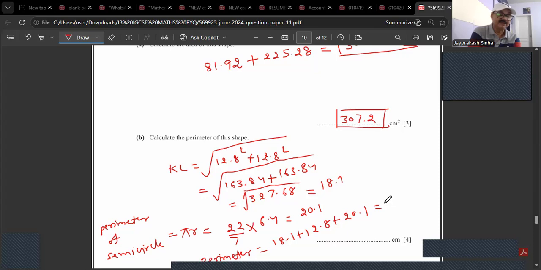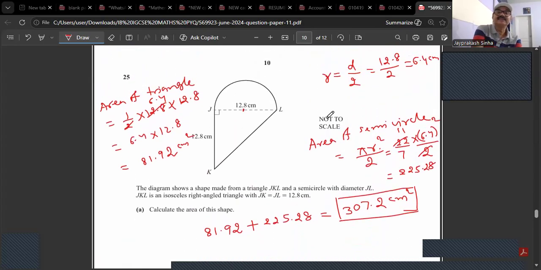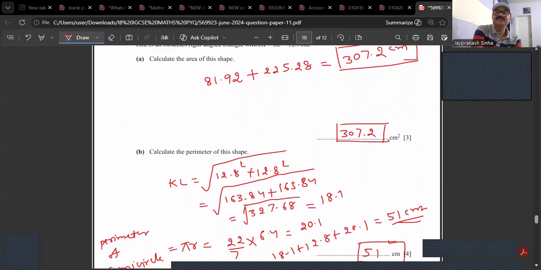We are getting 51, so we can write 51 centimeter. This is the perimeter of the given shape. The perimeter of the given shape is equal to 51 centimeter and the area is equal to 307.2 centimeter square.